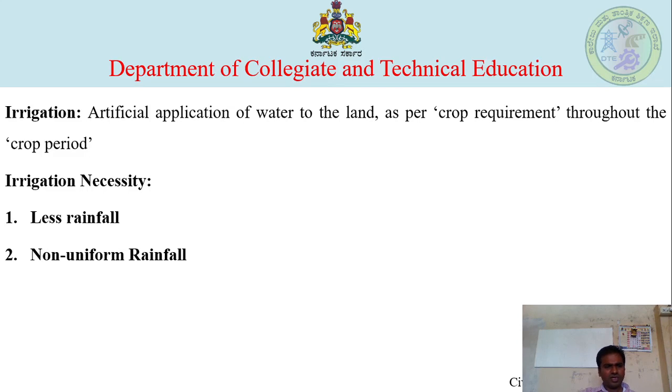Next necessity is non-uniform rainfall. In some particular areas, rainfall is not uniform over the crop period. During the early period of the crop, rain may come, but no rainwater is available at the end of the crop. As a result, either crop yield may reduce or the crop may die.